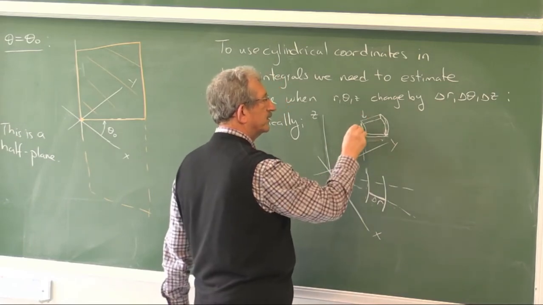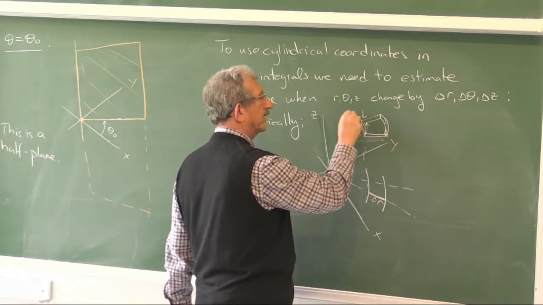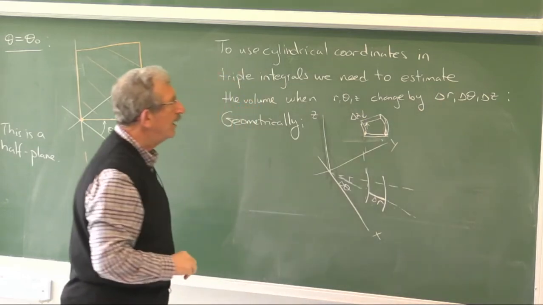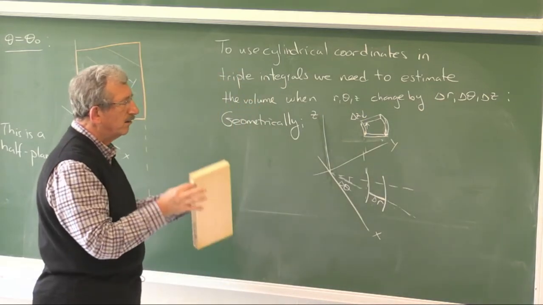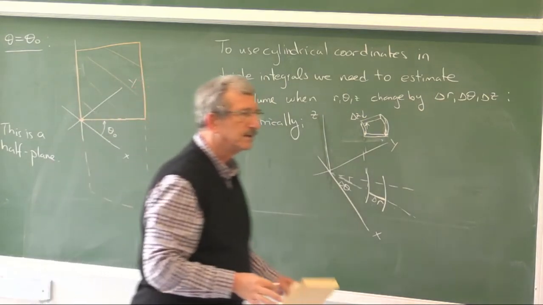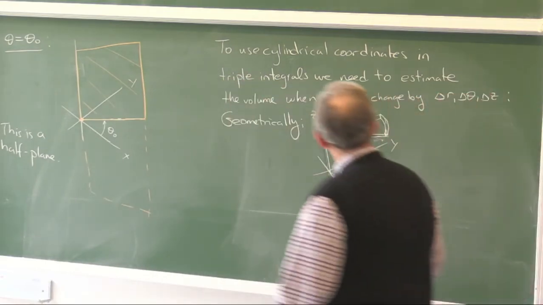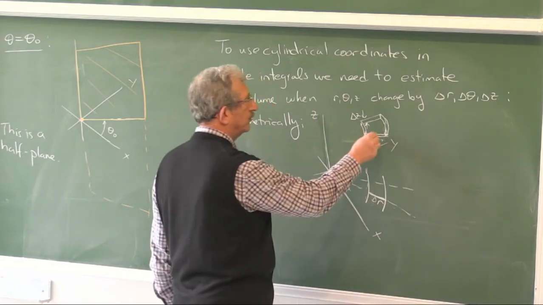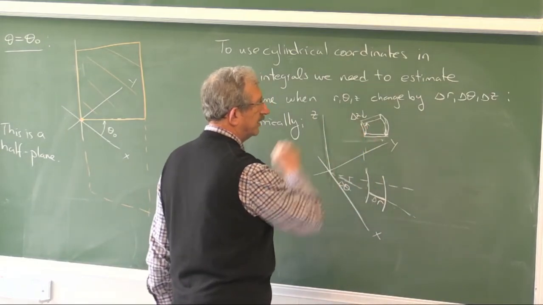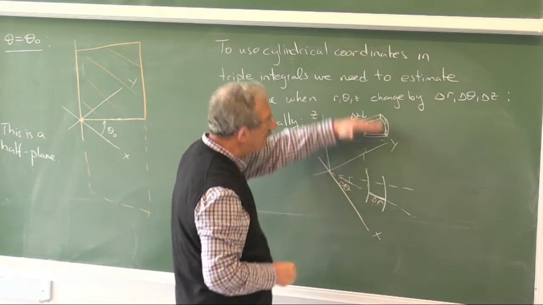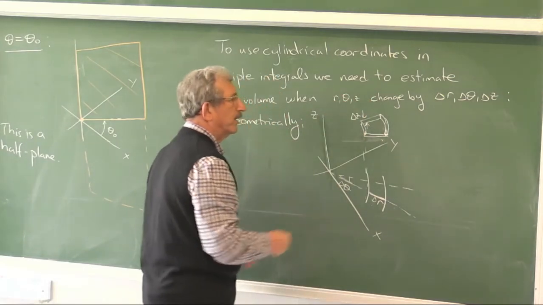The thickness is delta Z. So now this is a volume piece in space, and throughout, Z is increased by delta Z from some point on, and so on.